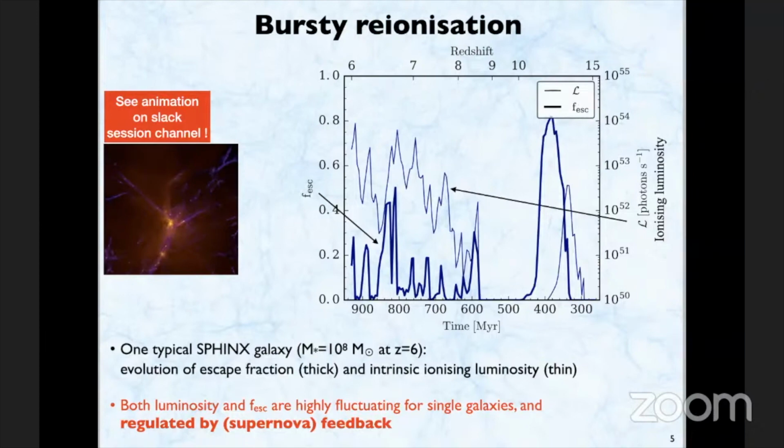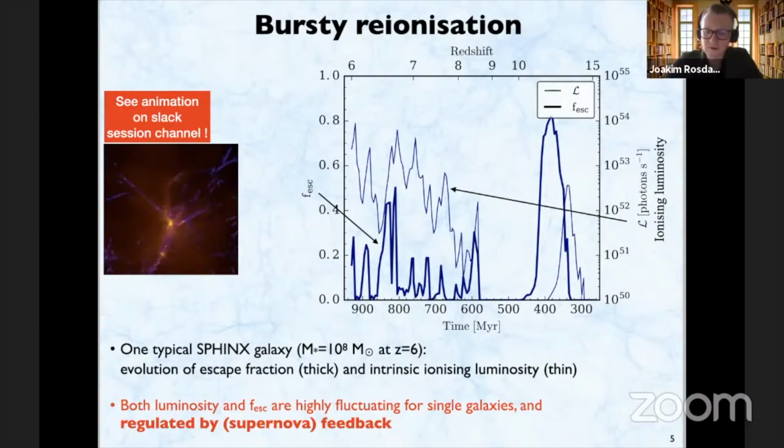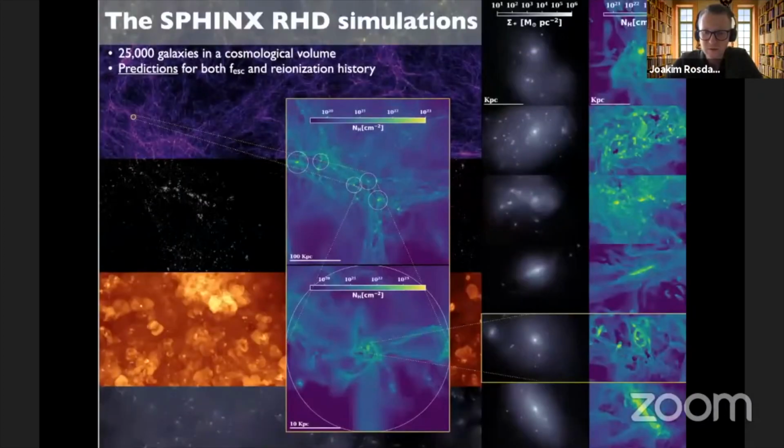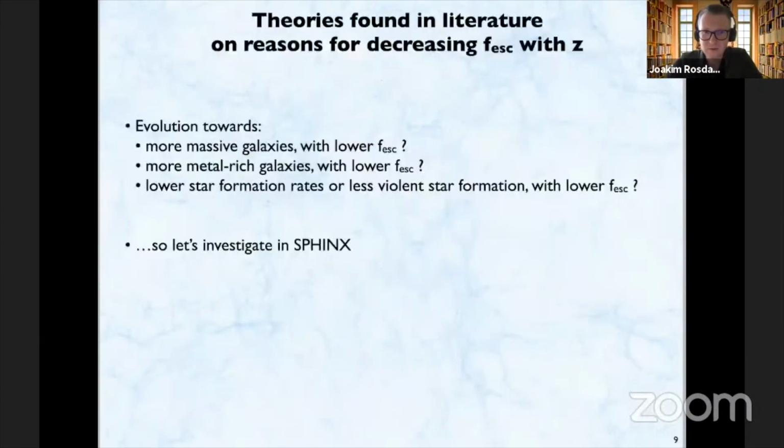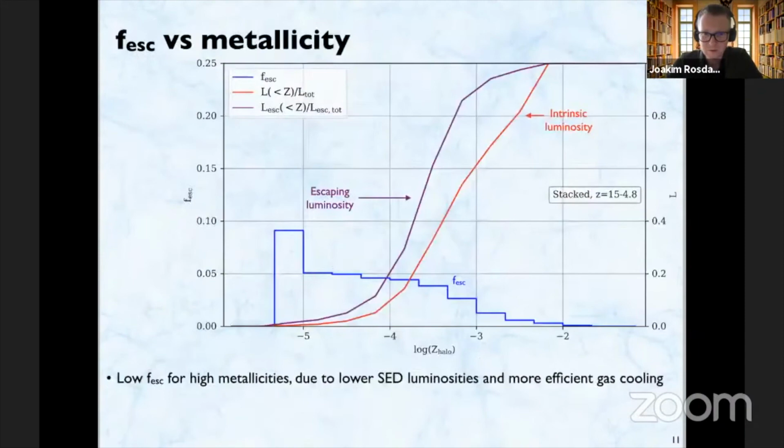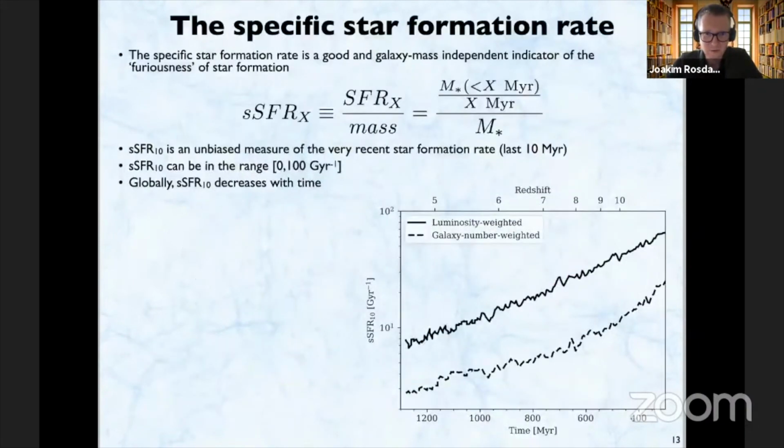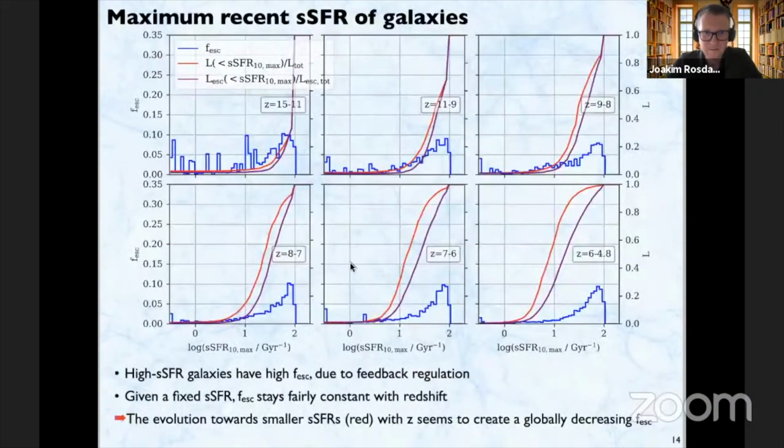And over what time scale is specific star formation rate averaged? Do you explore time delays, i.e., does escape fraction lag specific star formation rate bursts? Yeah, so actually, there's a subtle point that I didn't really have time to discuss here. We look at specific star formation rates over 10 million years. As you can see here, we are also looking at maximum specific star formation rates over the last 100 million years.